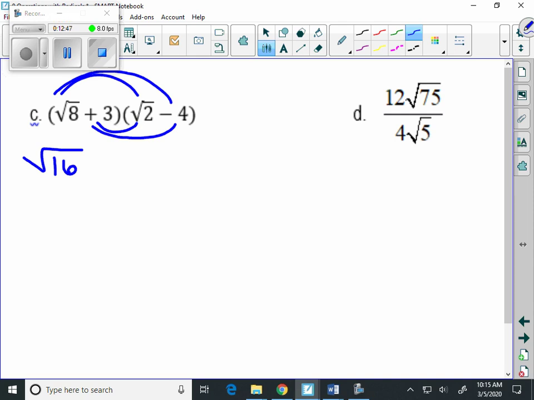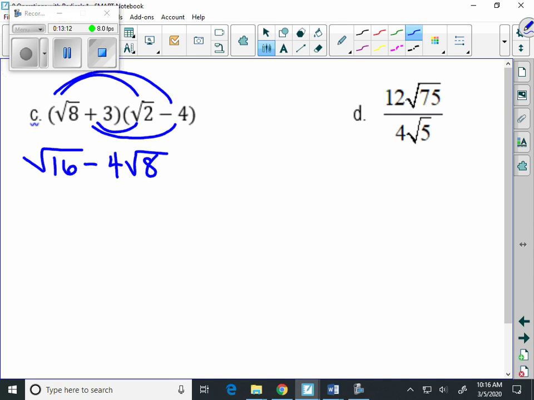So one of those terms has a square root in it, one of them does not have a square root in it. This is going to be minus 4 square root of 8. So we kept the number that didn't have a radical outside of it, and then we kept the square root. It was positive square root of 8 times negative 4, and that's why I'm subtracting.